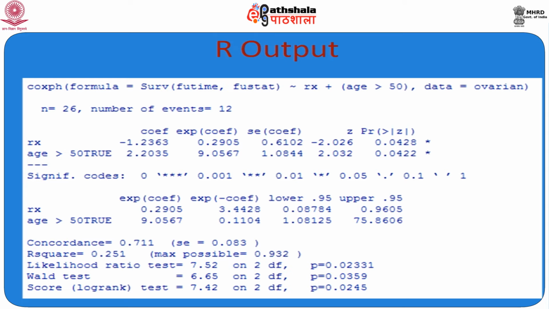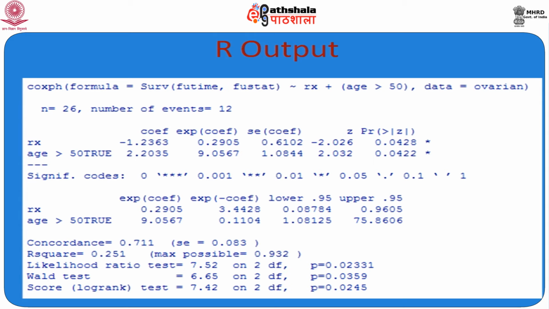It shows that yes, age has a significant influence on the status of these patients, that is on the event of these patients, and it is definitely positively influencing. So if the age increases, definitely the number of patients who die also increases.